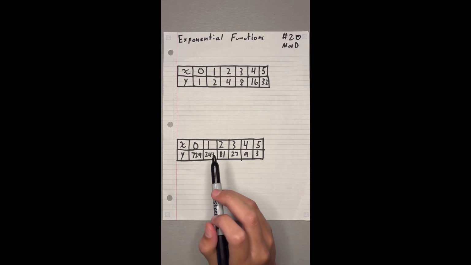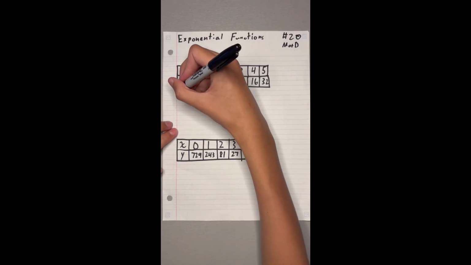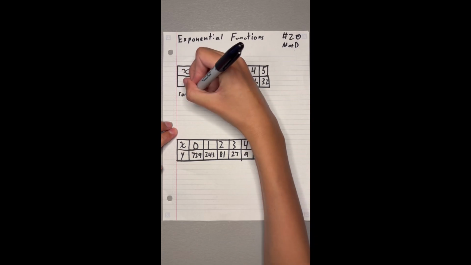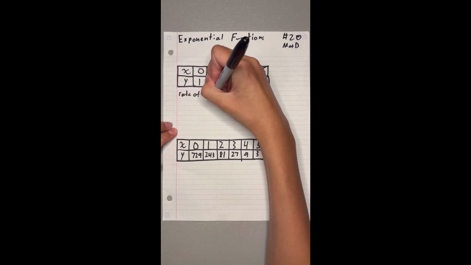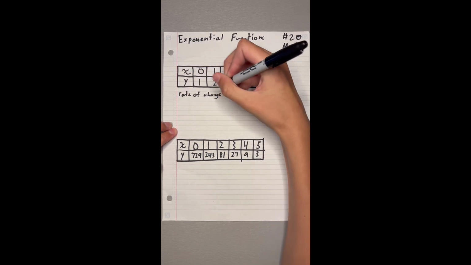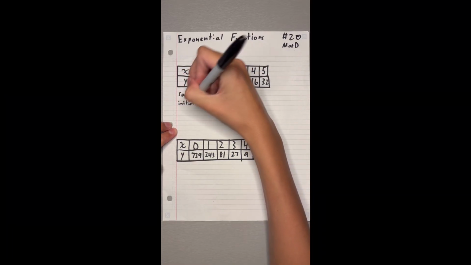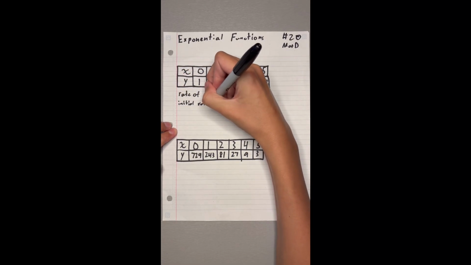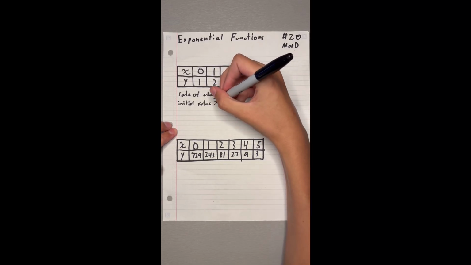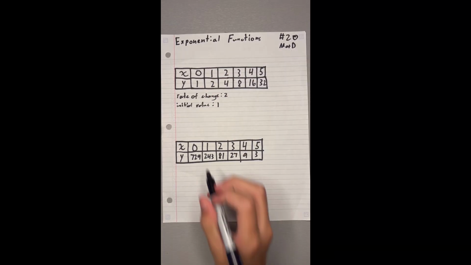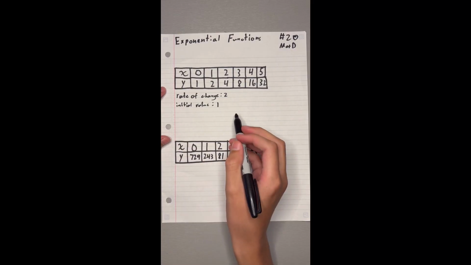So our initial value would be 1. Now I'll write these values down. Rate of change is 2. Initial value is 1. This is the value that we start with.